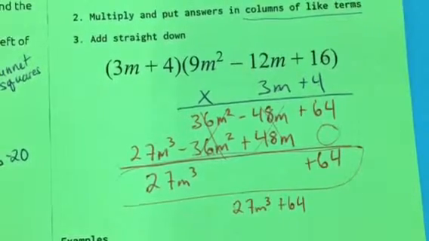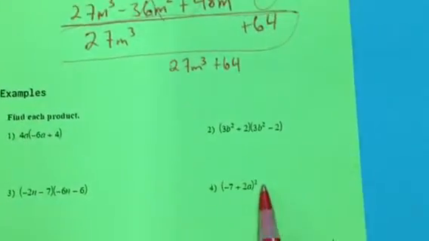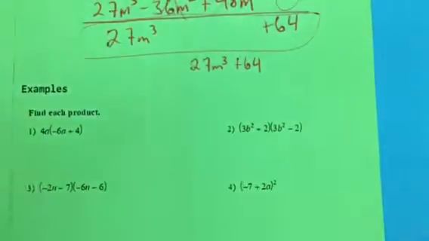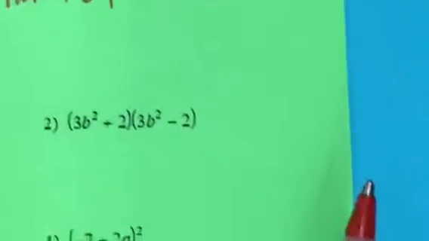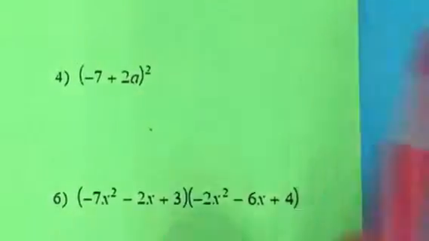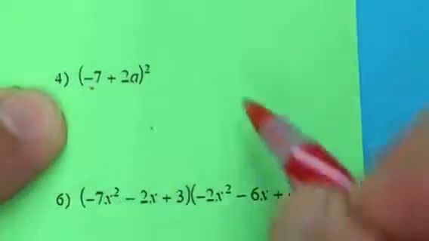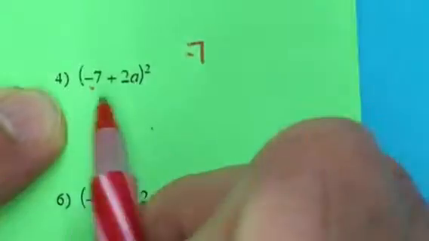Okay, let's try that with another one. This one looks interesting, number 4 down here. Let's zoom in on it. Number 4. I'm just going to write this twice. But you know what? I'm going to put it in standard form.